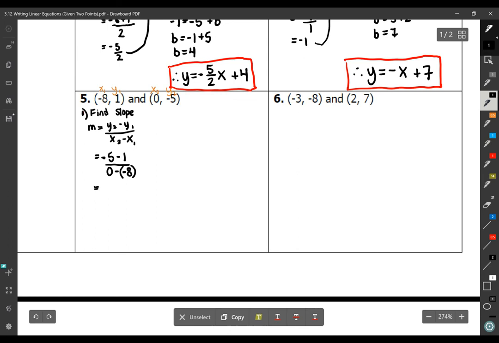If you're not careful with your negative signs, you're going to make mistakes. So this becomes negative 6, and this becomes positive 8. Simplify it, that becomes negative 3 over 4. Now we're ready for step 2, where we find our y-intercept.